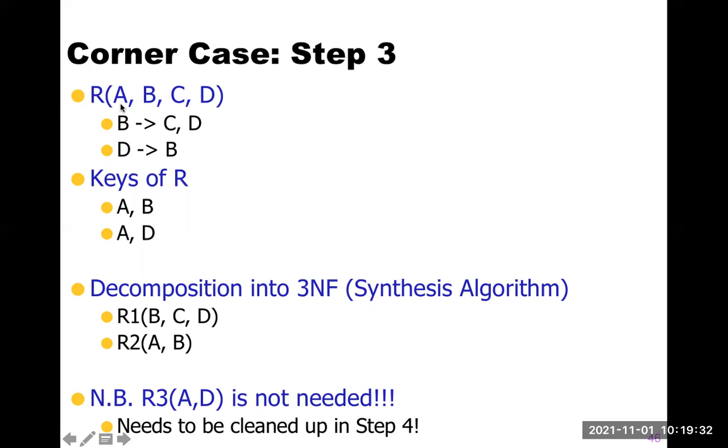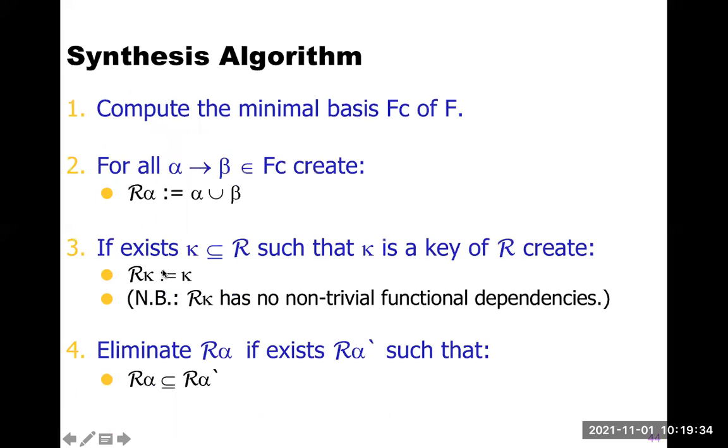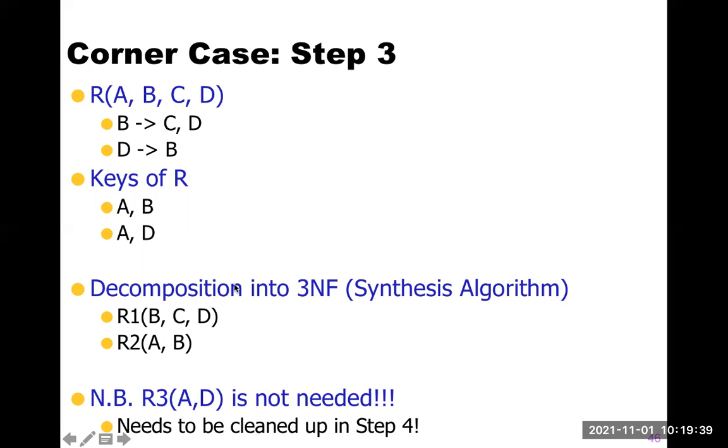So that's a third rule. If I have some columns that don't belong to functional dependencies, that means those columns should be parts of keys.